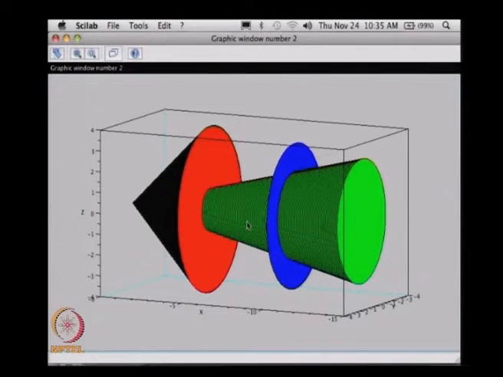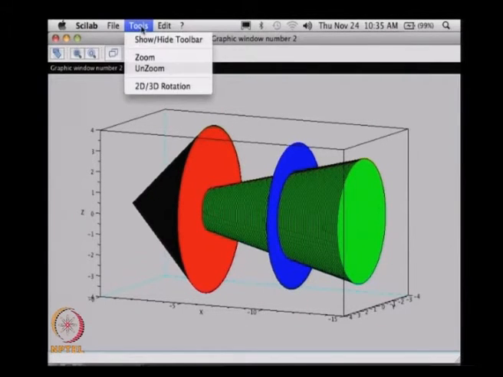So you can see that even within this red cone, which is the shock, the cone consists of several parallel planes like this. I have various parallel planes out here, which make up the shock cone, this conical shock structure.